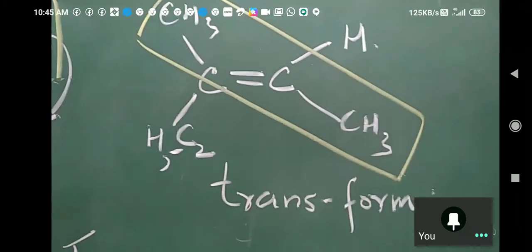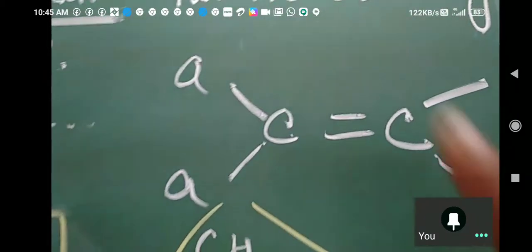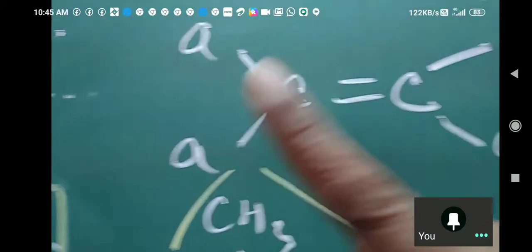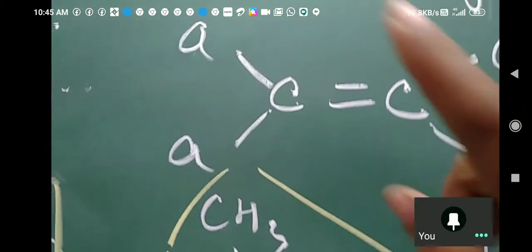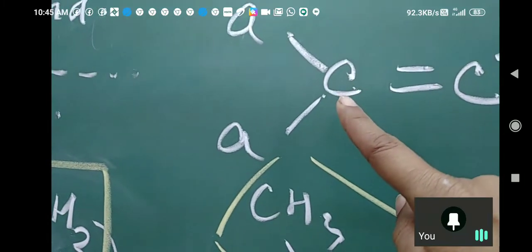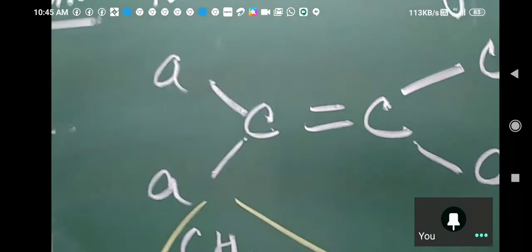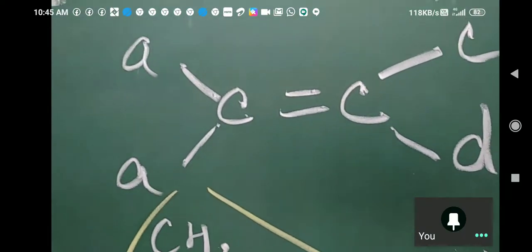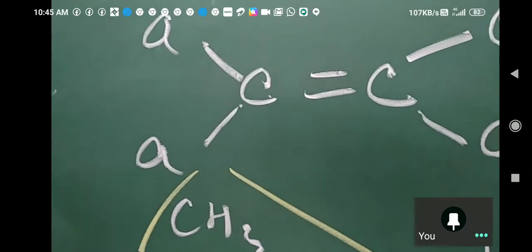One condition I am giving you. See this condition. A and A, and this is different, C, D, B, anything it can be. But if these two atoms attached to the same carbon atom are the same, will the molecule show geometrical isomerism? Will it show isomerism?